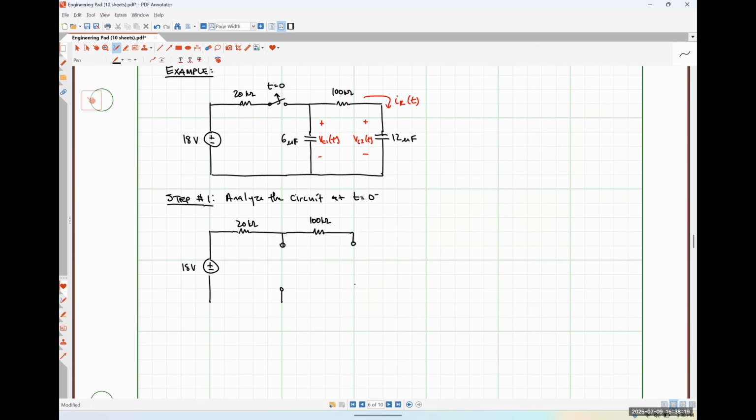Capacitor C2 is going to look like an open circuit. Here is VC1 at 0 minus. Here is VC2 at 0 minus. Here is IR at 0 minus.